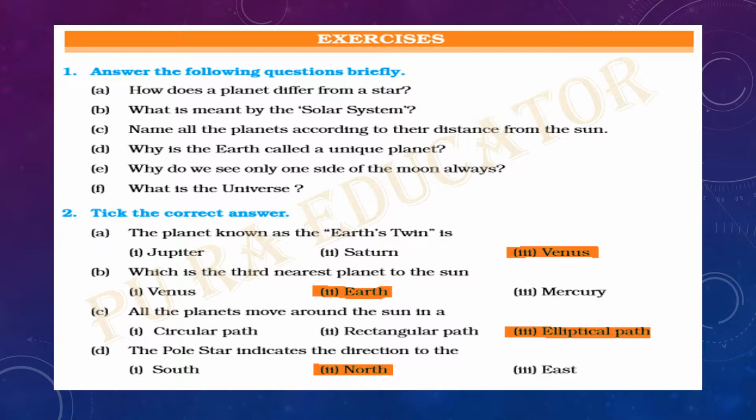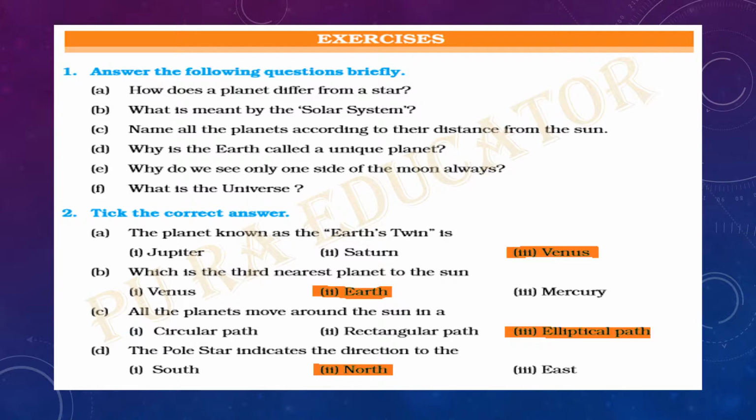How does a planet differ from stars? Planets do not have their own heat and light, but stars have it. What do you mean by solar system? As I have said, the Sun and the 8 planets and other celestial bodies form the solar system. Third question is, name all the planets according to their distances from the Sun.